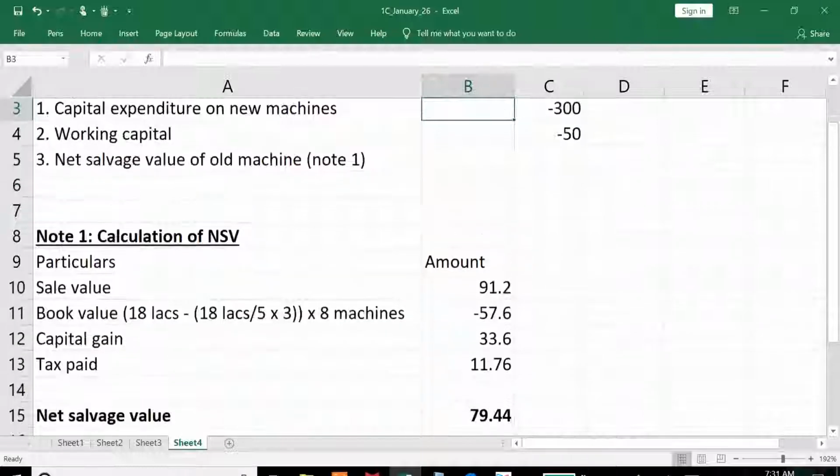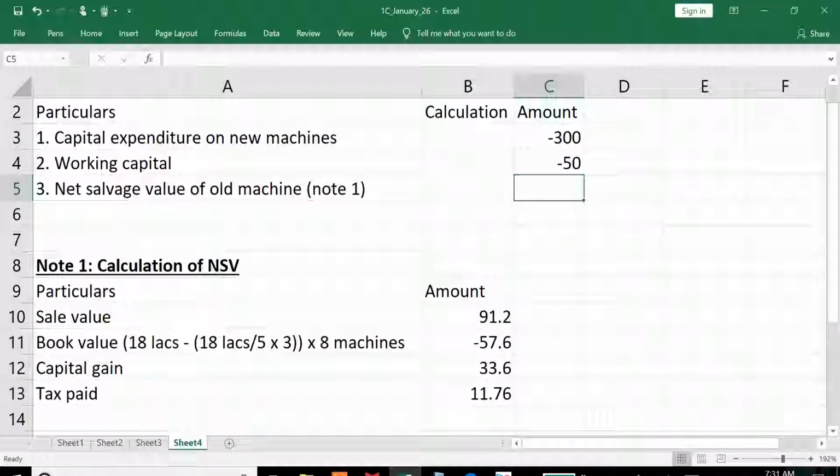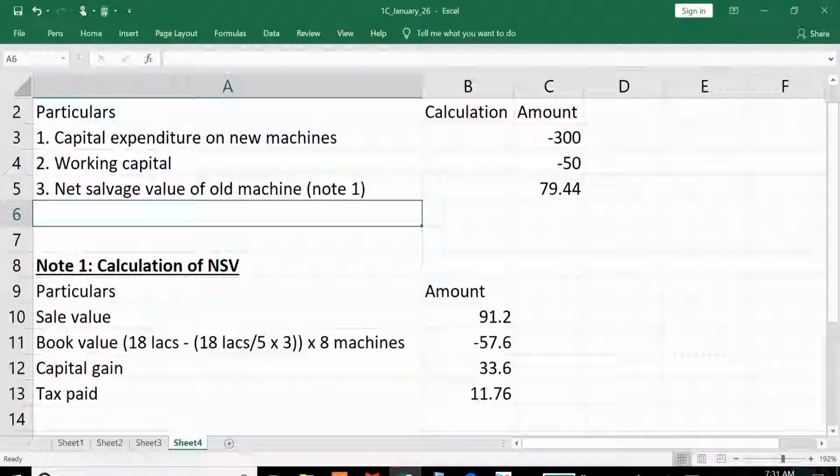And this number will go here. This is an inflow, so positive. 79.44 is an inflow. This is a positive item.